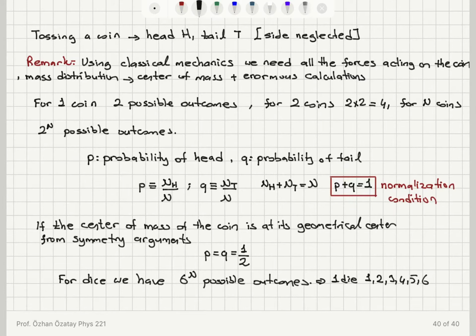So the possible outcomes of an experiment are called events.